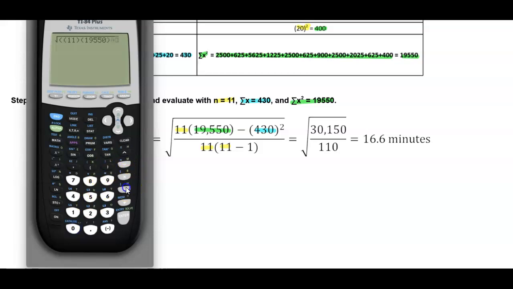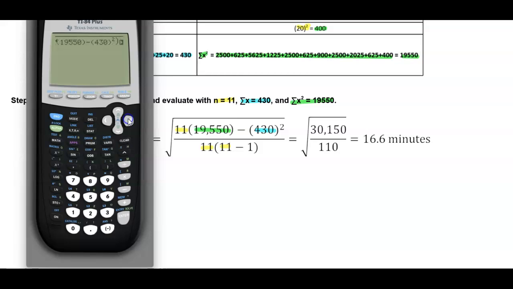And then that's going to be minus, and then left parenthesis, 430, and then we're going to square that. Okay. Now we need to close the parenthesis because we started a parenthesis out here. So we close that now.